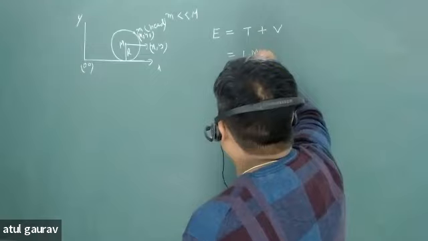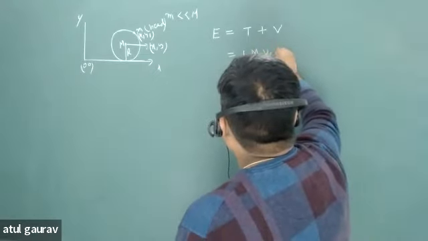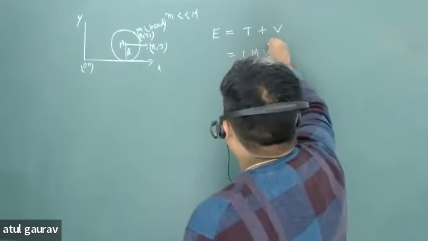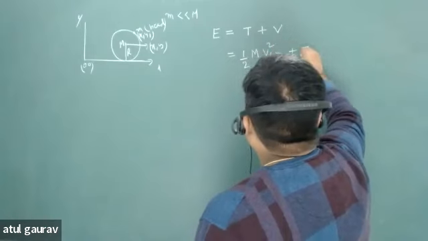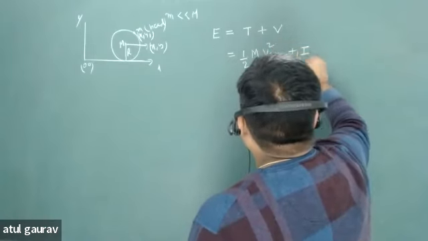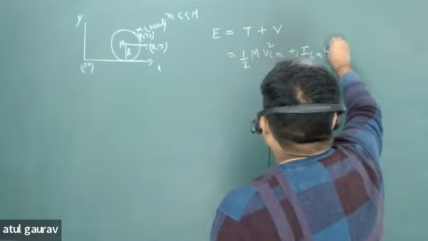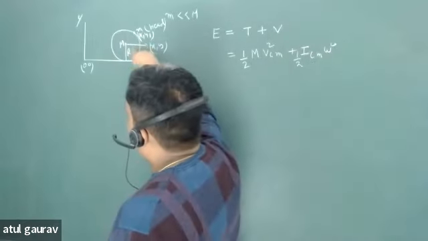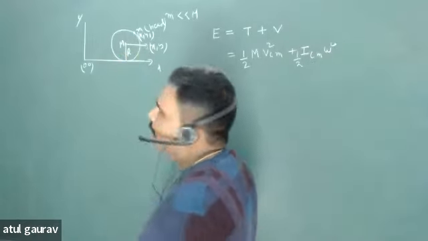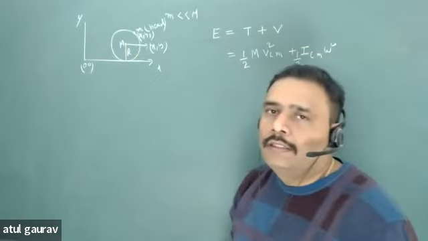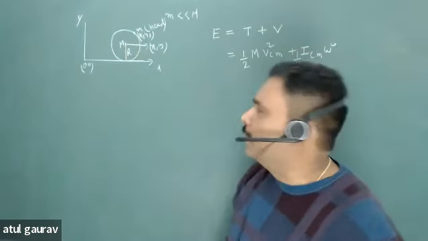Obviously you will go for half M VCM square plus half ICM omega square.